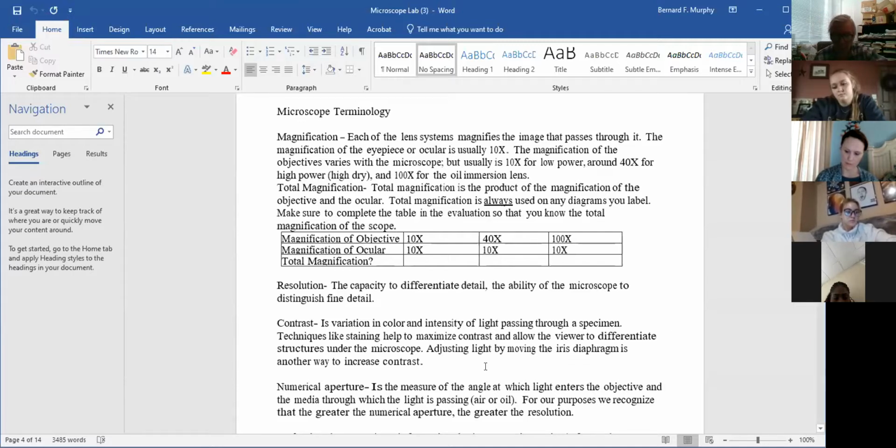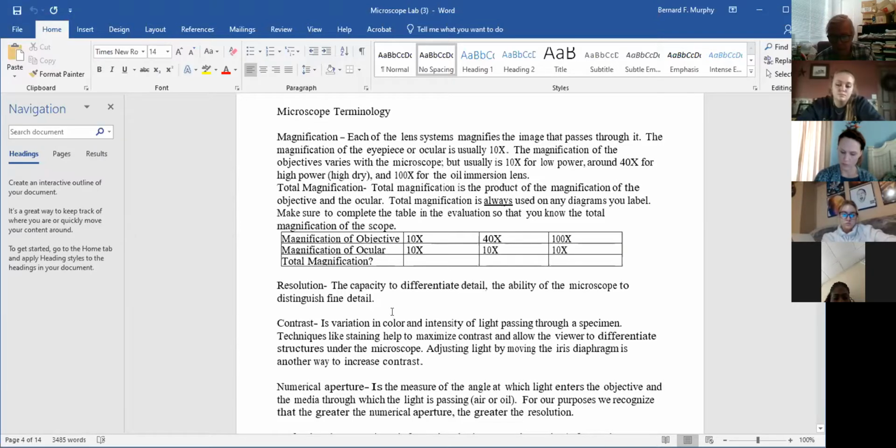So if you look at magnification of ocular, it's always 10. Magnification objective, low power 10, high power 40, oil immersion 100. So total magnification down here again would be 100, 400, 1000. So if I give you the magnification objective, you could tell me what the total magnification is. Just multiply it by 10. All right.